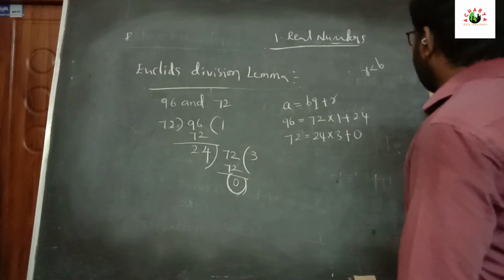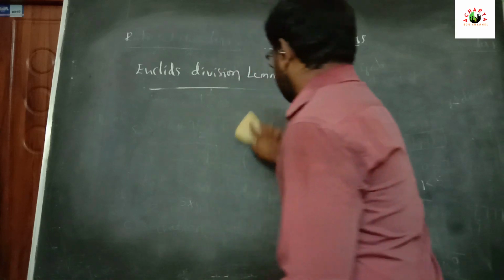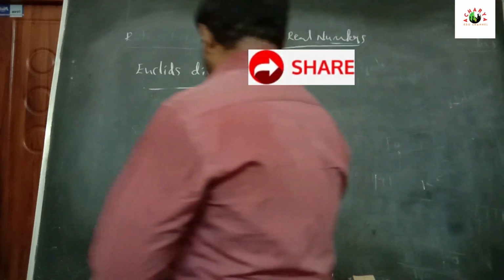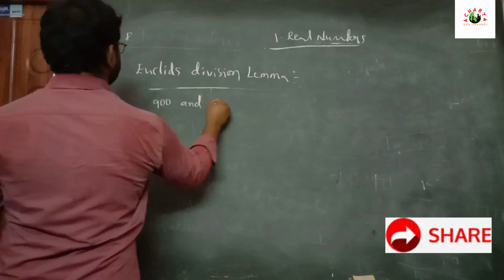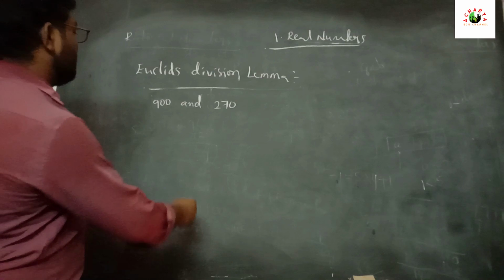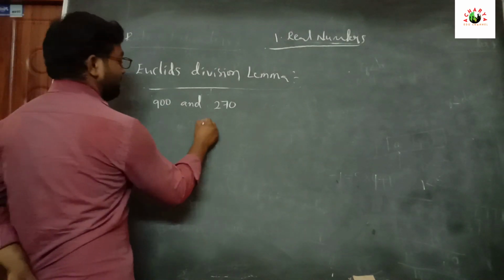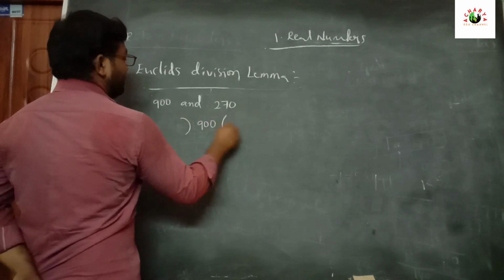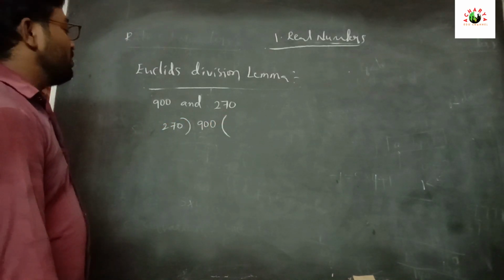Let us see one more example: 900 and 270. I already explained: first we take the greatest number and divide it by the smallest number. 900 divided by 270.